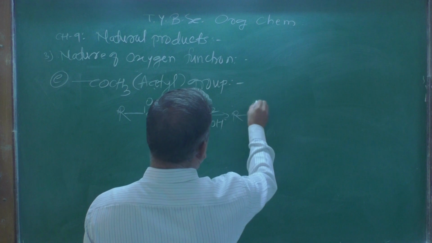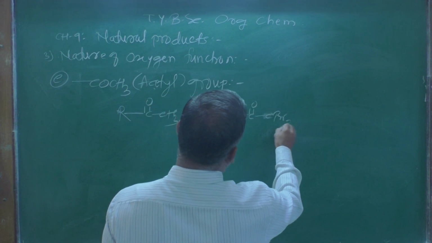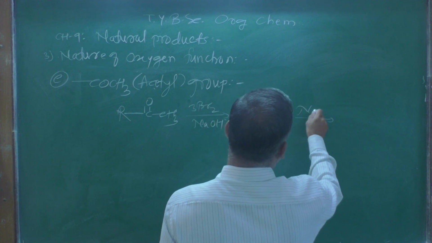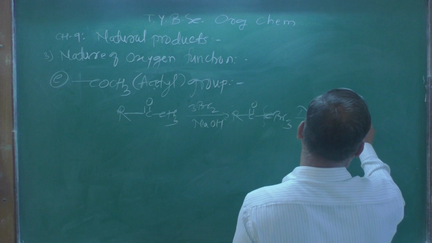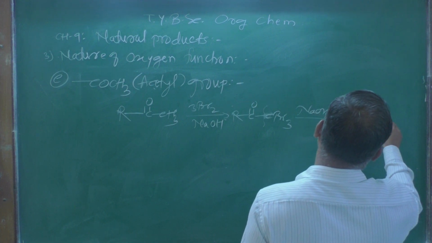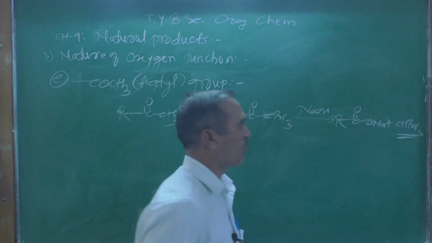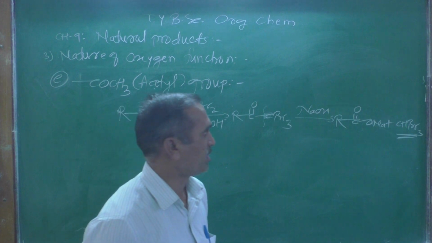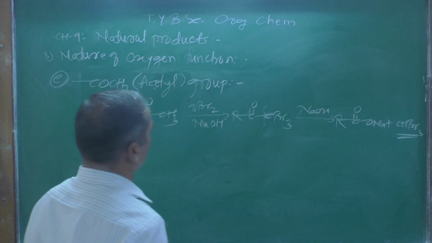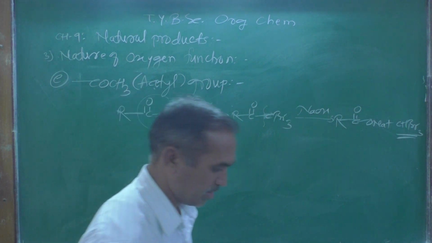R, C double bond O, then CBr3, and when it is treated with sodium hydroxide, this bond is going to break: R C double bond O, ONa, plus CHBr3. Bromoform is formed over there, and from that we come to know that an acetyl group is present.